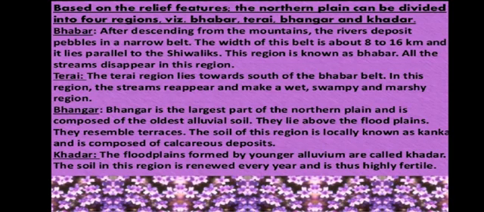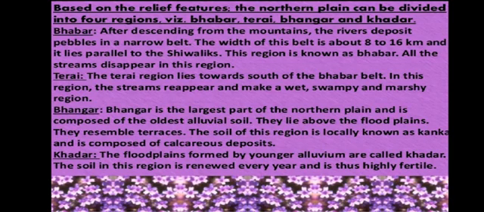Pebbles, pieces of rock, stones. The width of this belt is about 8 to 16 km and it lies parallel to the Shivaliks. This region is known as Bhabar. All the streams disappear in this region.